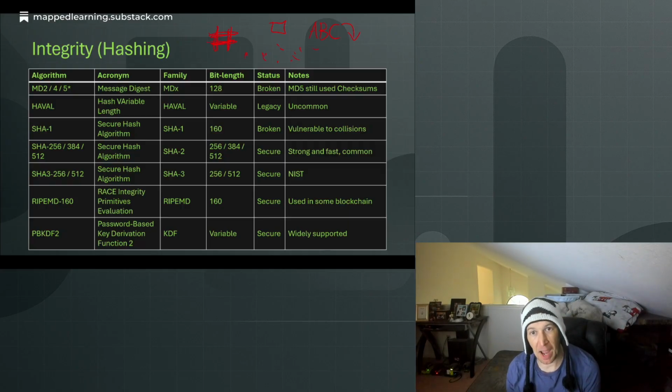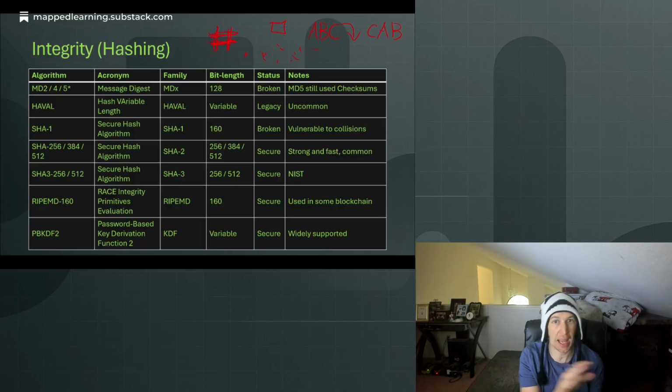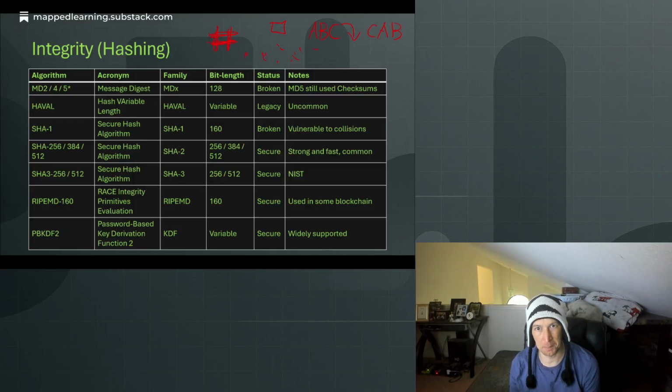So if I were encrypting, I might encrypt it to CAB. Okay, it doesn't matter. But when you encrypt something, it's the same size at the beginning and the end. When you hash something, depending on the algorithm, it is always going to be a specific length. So for example, if you see in this second row, I have the algorithm called Haval, and it stands for hash variable length.